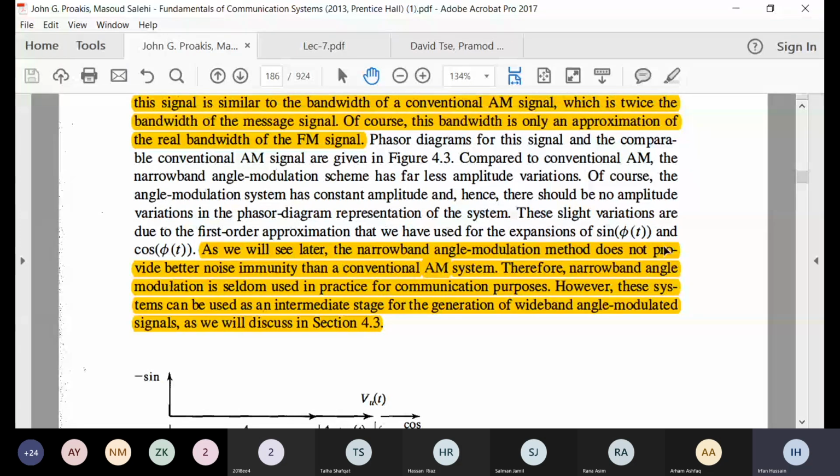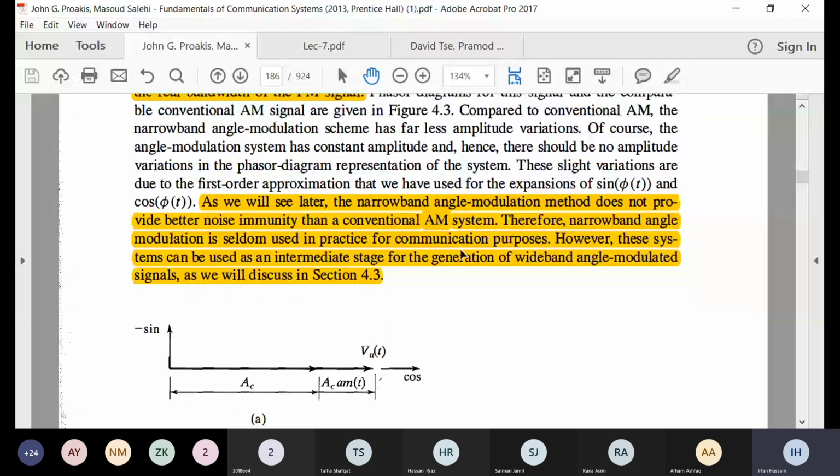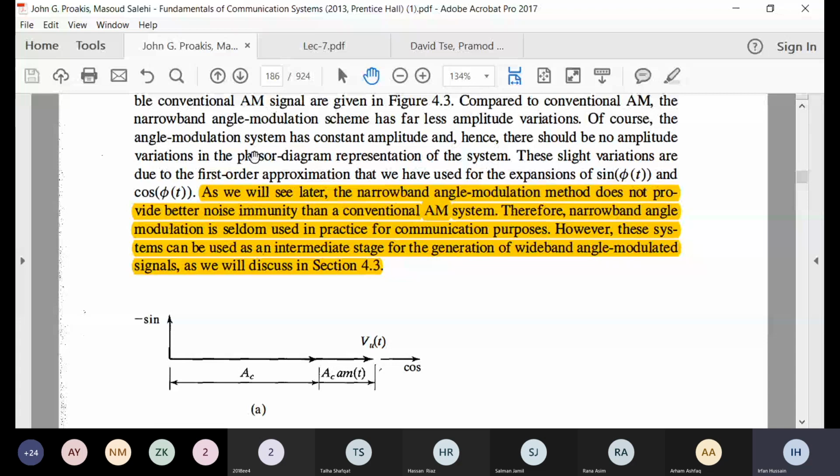But narrow band does not provide better noise immunity as compared to conventional AM, which we'll be seeing in chapter 6. So it is seldom used, but it provides a good intermediary stage for the generation of actual wideband angle modulated signals that we will be studying in future.